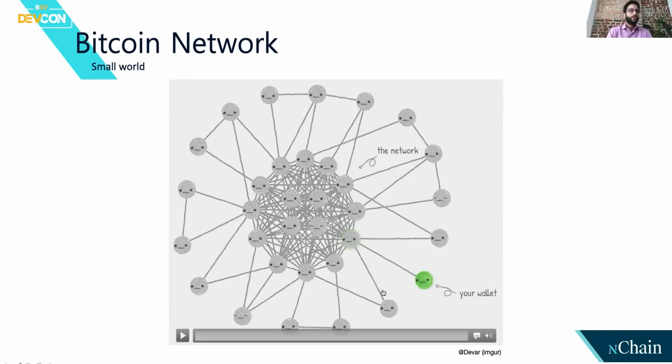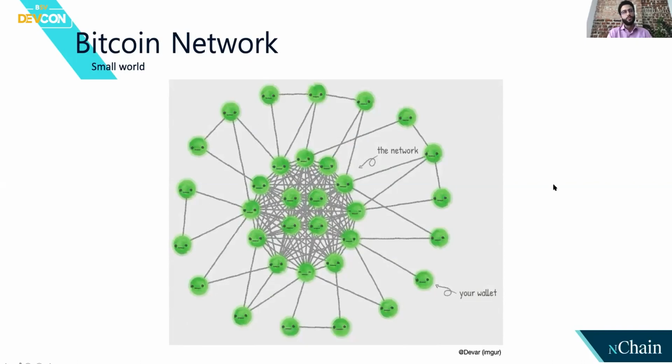So this GIF shows an example of the way a wallet sends a transaction to the network. Because Bitcoin miners are so densely connected, in less than 3 hops your transaction will get to all of the Bitcoin mining network. So it's really quick and highly connected, unlike the mesh that we previously thought the Bitcoin network was.